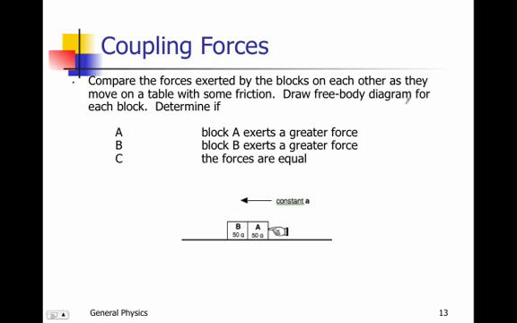Compare the forces exerted by the blocks on each other as they move on a table with some friction. Draw free body diagrams for each block. Determine if block A exerts a greater force, block B exerts a greater force, or the forces are equal. So again, I'm going to tell you the forces are equal. Let's see why.